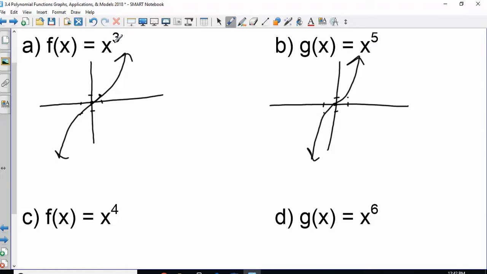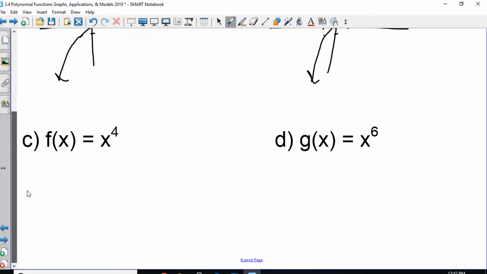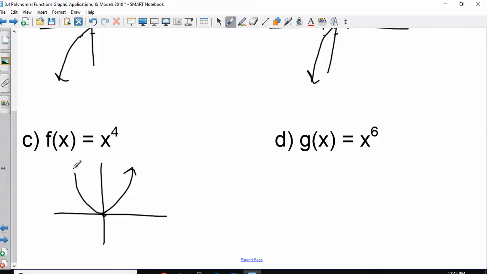Okay, so both of these had an odd exponent. And they really look the same, except when my exponent got bigger, it got a little bit skinnier. Alright, when I look at C and D, what do both of these look like? Parabolas. What's the difference? They just get a little bit skinnier as that exponent grows larger.